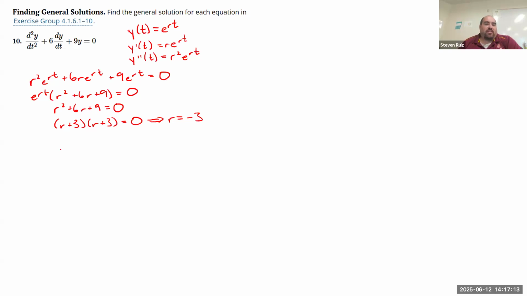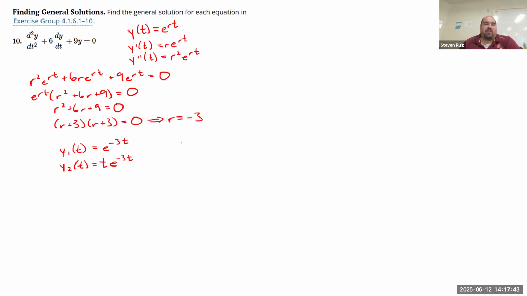Well, I'm going to call one of my solutions y1 of t equals e to the rt, so e to the -3t. The other one is going to look slightly different. But like I said, I don't want it to be a multiple, but I do want it to be of a similar form without being a multiple.